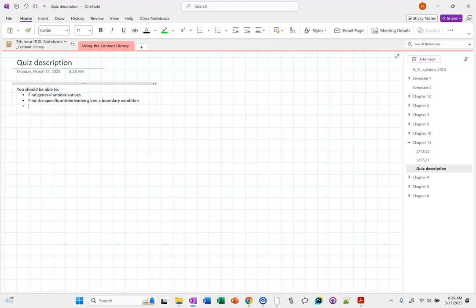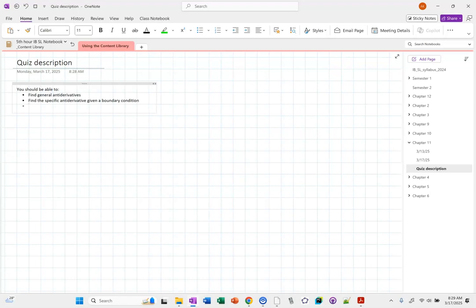Okay, you should be able to find specific antiderivatives given a boundary condition. What does given the boundary condition mean that you can do? You can solve for C, right?